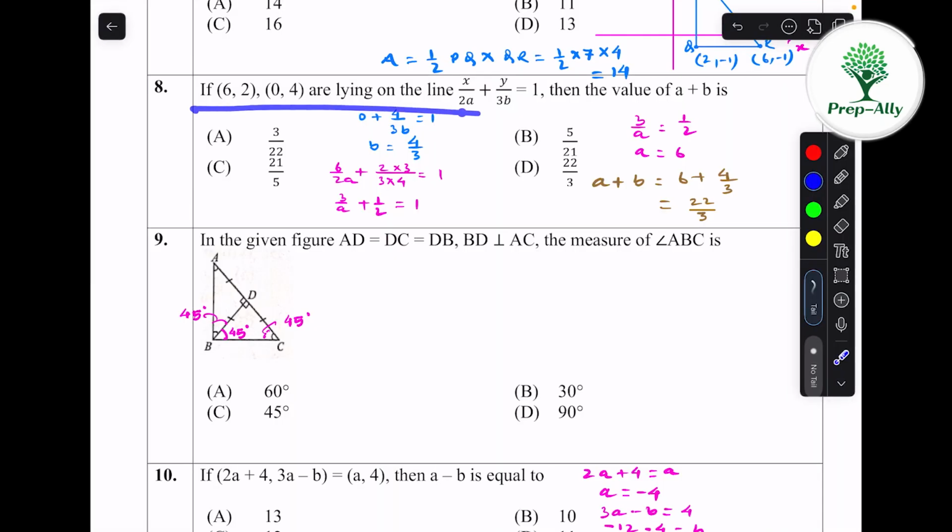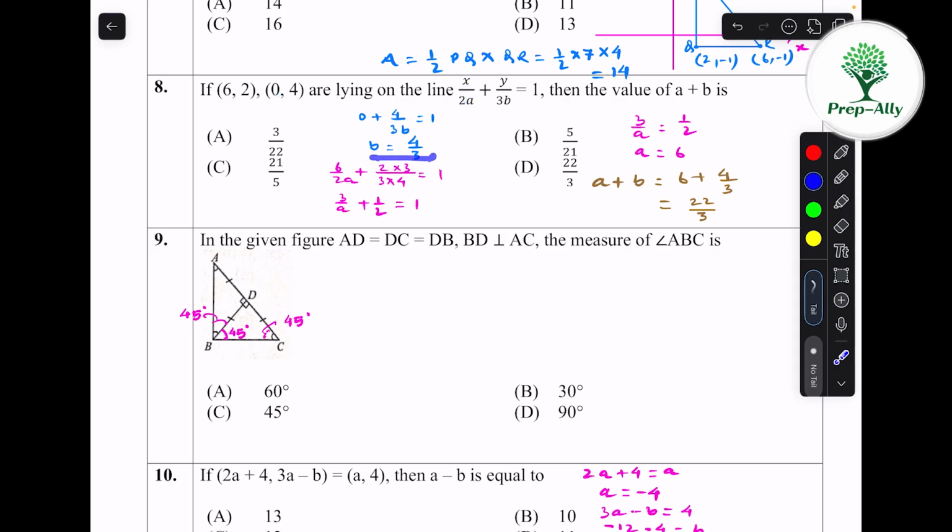See here how to solve this question. Here, the question is, if this point and this point are lying on the line, then the value of a plus b is what? So first of all, see here this point is here, right? So in place of x, I'll put 0. In place of y, I'll put 4 right here. This point is lying on the line, that means this point will satisfy this equation. So from here I'll get the value of b. In x I am putting 0, so 0 by 2a will be 0 right here.